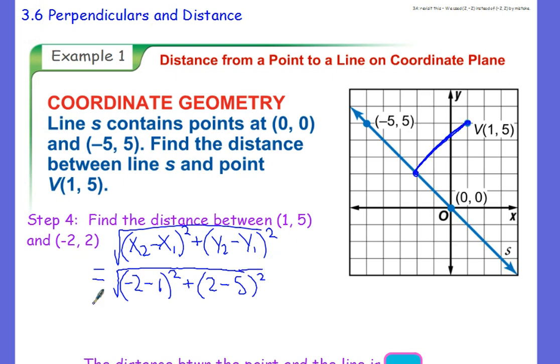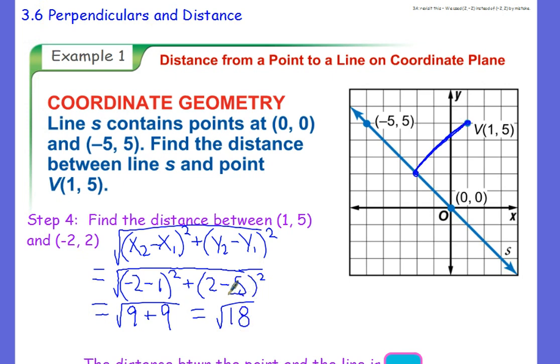Okay, let's go ahead and simplify. Negative 2 minus 1 is negative 3, and negative 3 squared gives me a positive 9. Plus, over here, 2 minus 5 is negative 3, and negative 3 squared also gives me a positive 9. So I end up with the square root of 18.